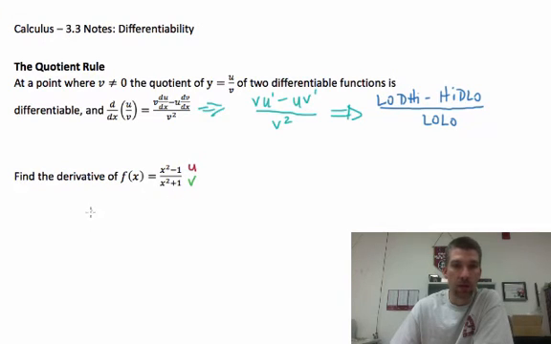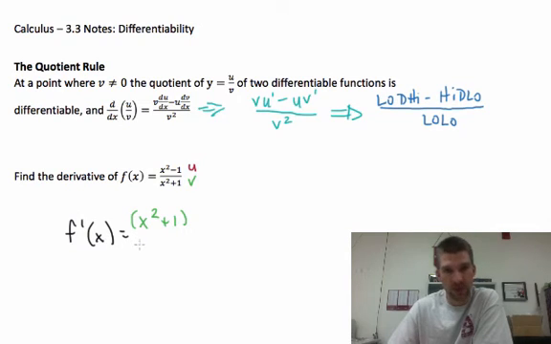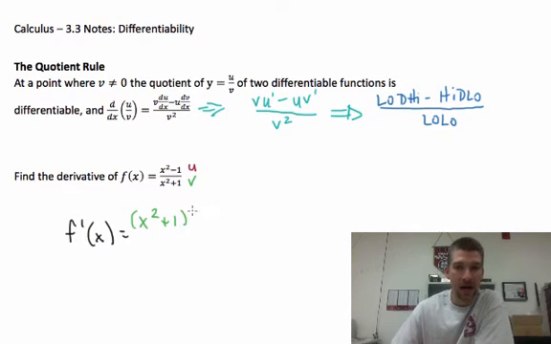I'm going to take low, so f prime is equal to low. That would be x squared plus 1. And always use parentheses, or else you're going to have an error. So low d high, that means the derivative of the top, which is 2x, minus high, and then again parentheses, and that's going to be x squared minus 1.